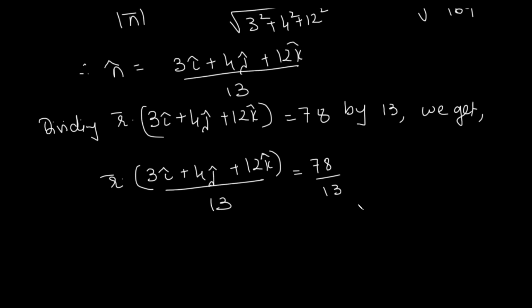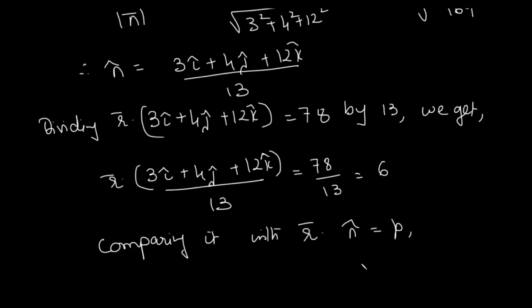So in this case, we get 78 upon 13, which is 6, and comparing it with r dot n cap is equal to p, we get p, which is the perpendicular distance of the origin from the plane, from the origin to the plane actually. So here we have to find out p.